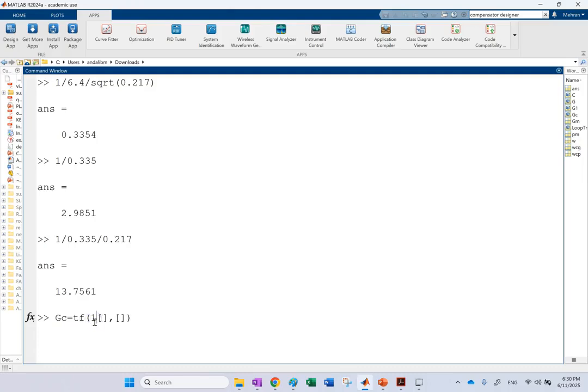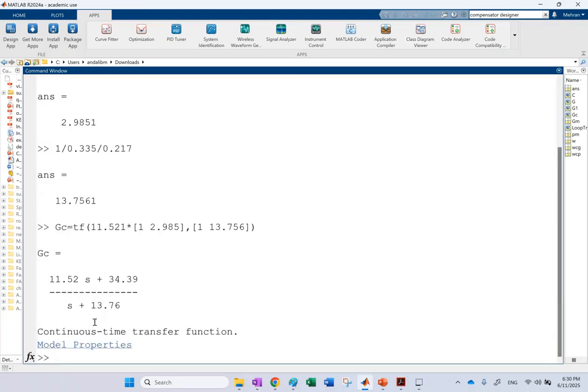So this guy is 11.521 times S plus 2.985, and the other one is S plus 13.756. So that is my compensator, lead compensator.